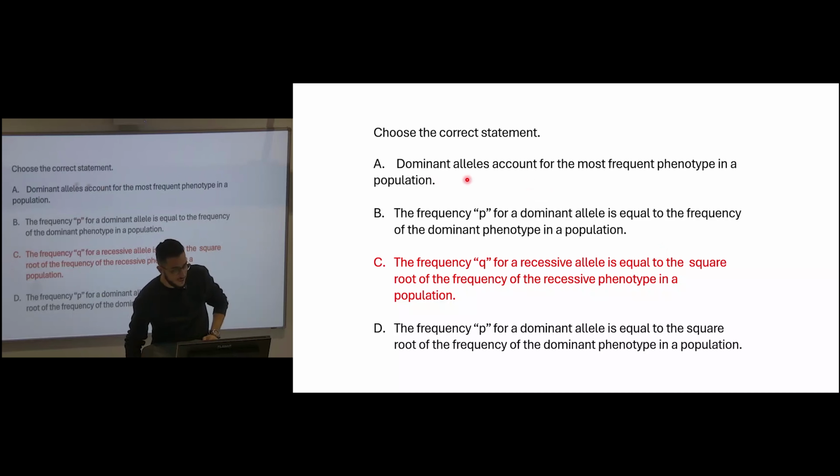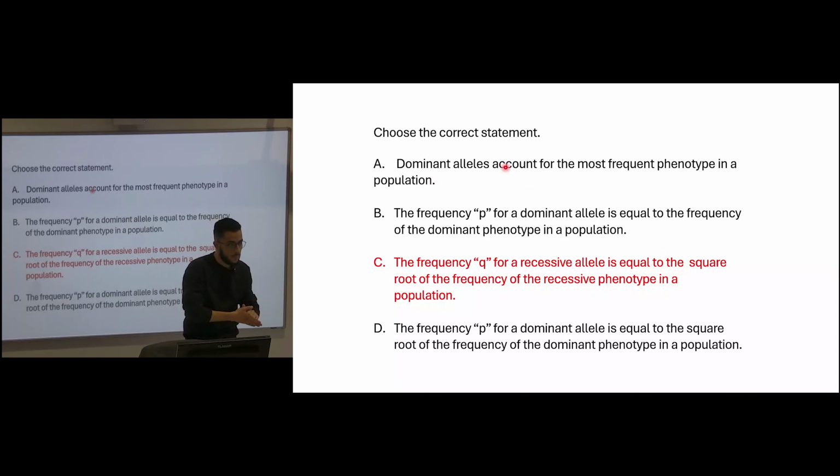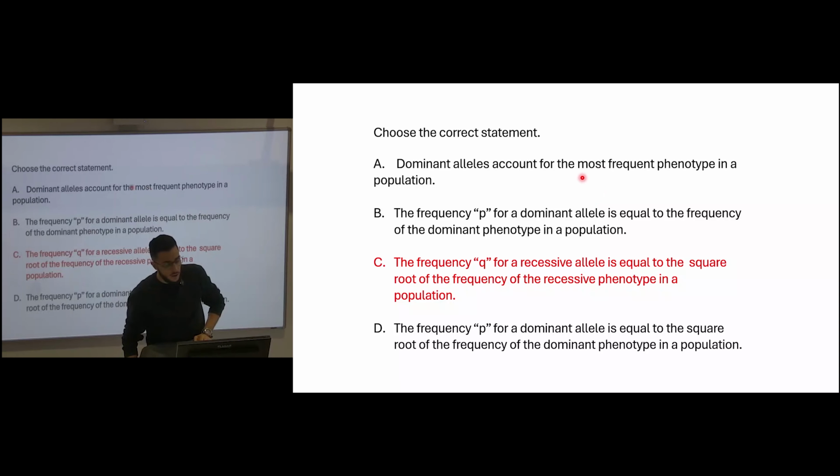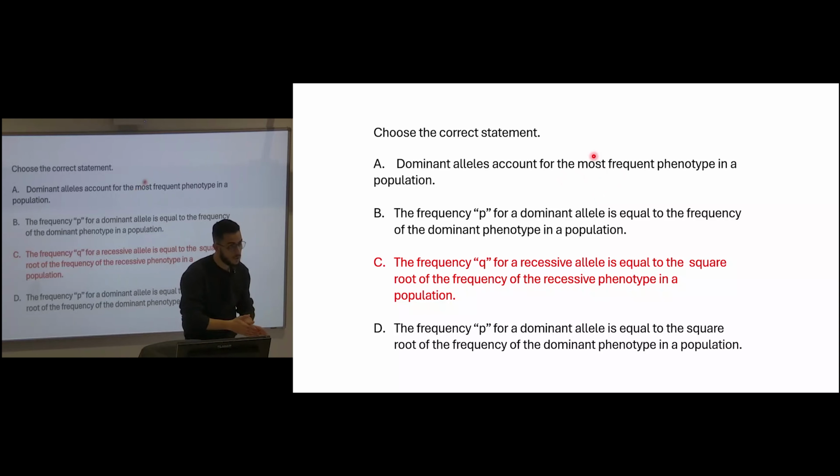Okay. So let's look at A first. If you have a dominant allele, that allele overrules the other one, right? That allele should give you the most frequent phenotype, technically, right? Because it dominates the other one.